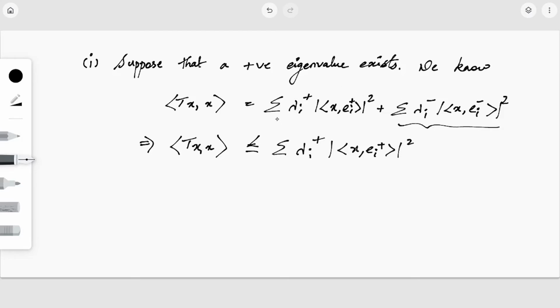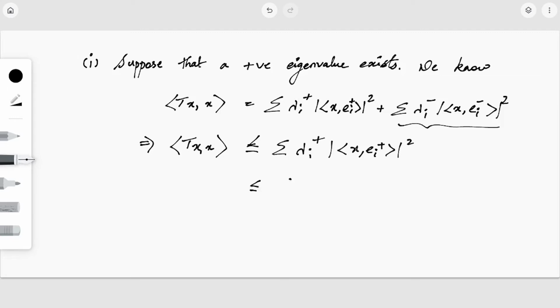So it can be easily stated that ⟨Tx, x⟩ is always less than or equal to this positive term, because the second term in this expression is always going to be negative. Now each of the λᵢ's where i is not equal to 1 will be less than or equal to λ₁⁺, right?